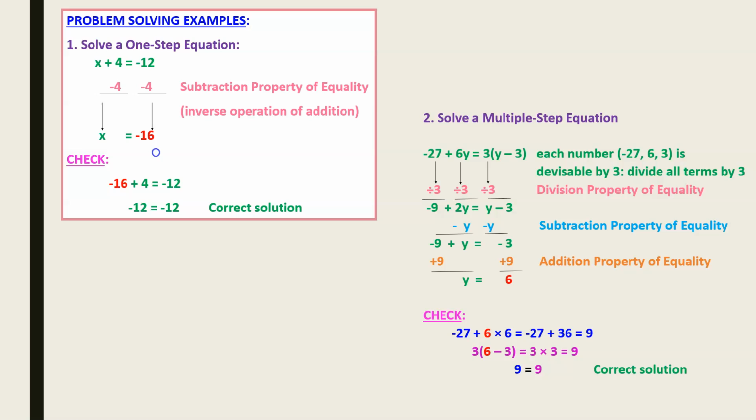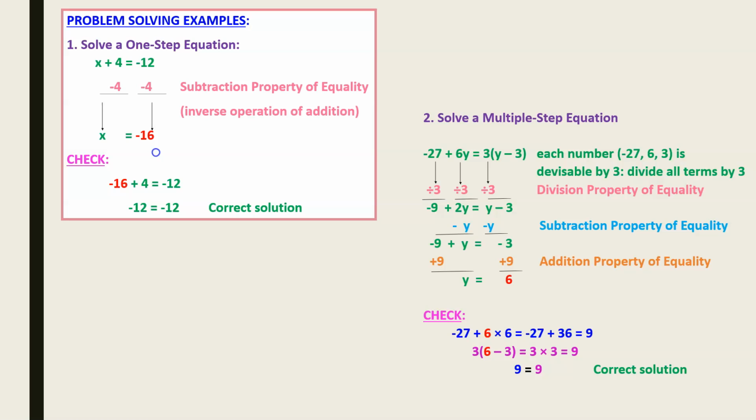As a result, we have negative 9 plus y, 2y minus y is y, equals, these two y's are canceling each other out, we have negative 3. We have now negative 9 plus y equals negative 3.